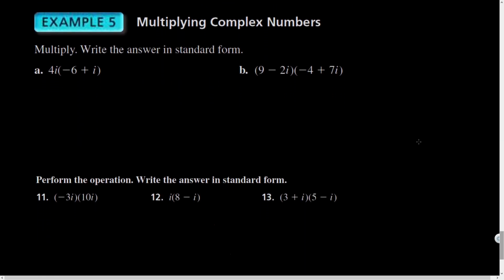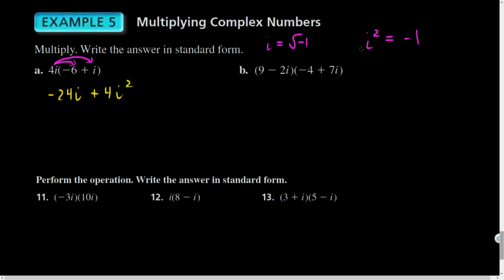It turns out not only can you add and subtract, but you also can multiply these things. And it kind of behaves in a very distributive sort of sense. So 4i times negative 6 is negative 24i. 4i times i is going to be plus 4i squared. Now that i squared, notice we have the fact i is the same as the square root of negative 1, we also had the fact that i squared is equal to negative 1.